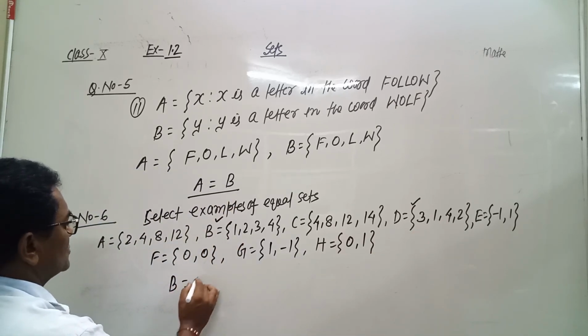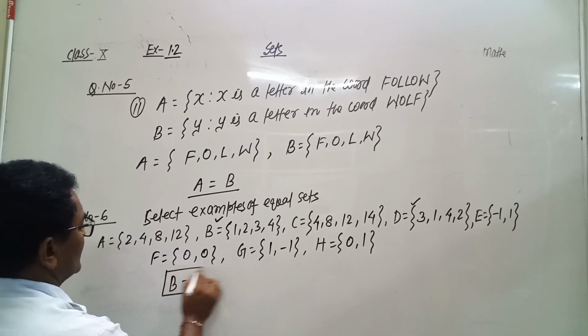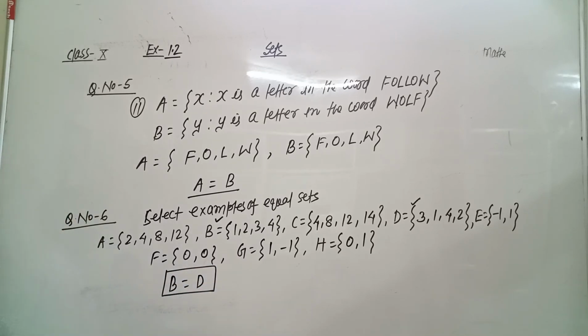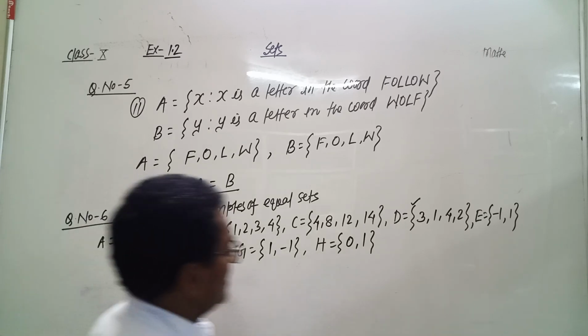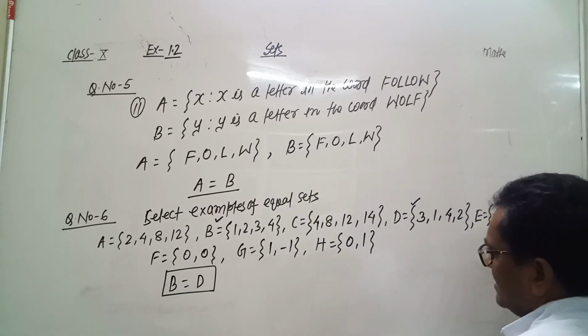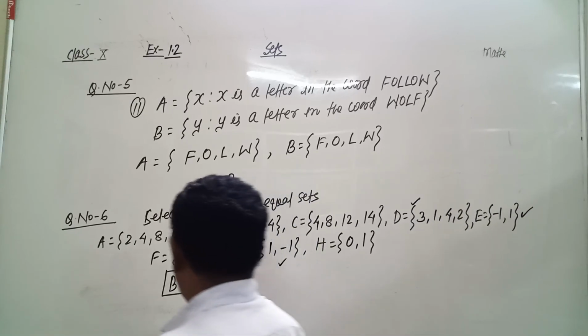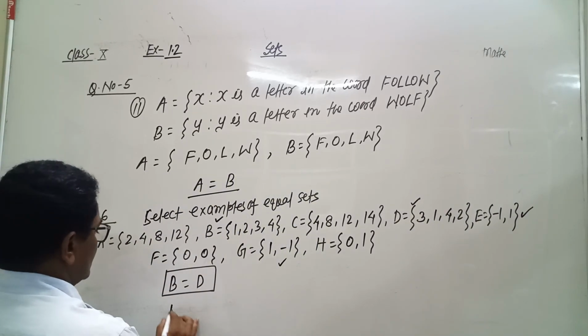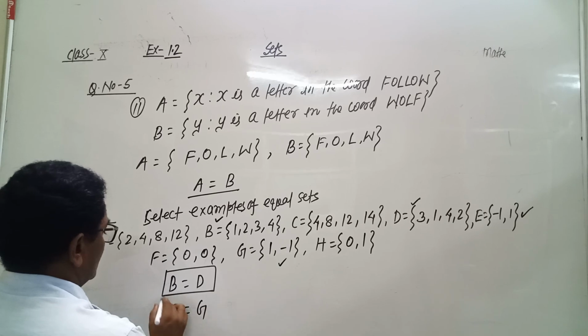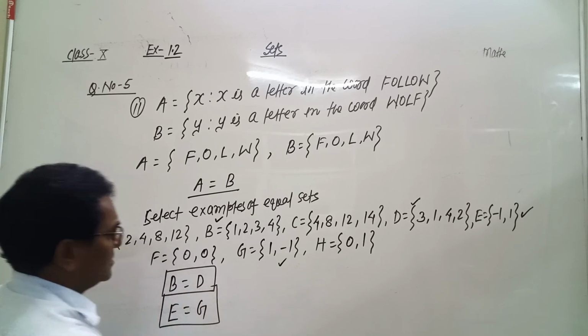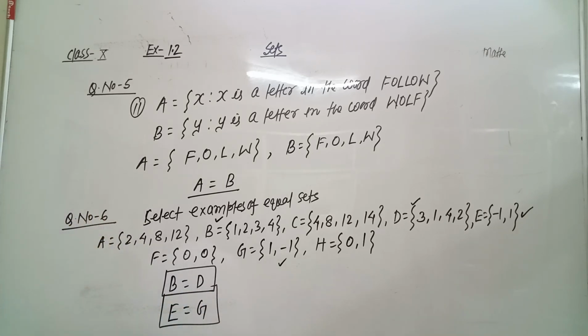So B equals D. Then set E is {minus 1, 1} and G is also {minus 1, 1}. So set E equals G. So these two are the equal sets, B equals D and E equals G.